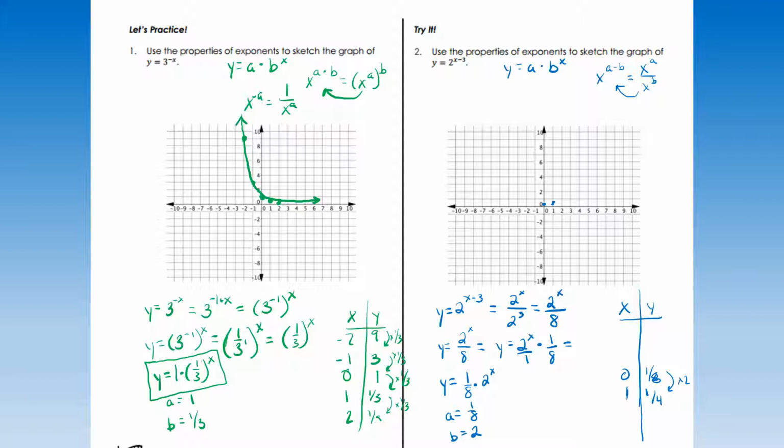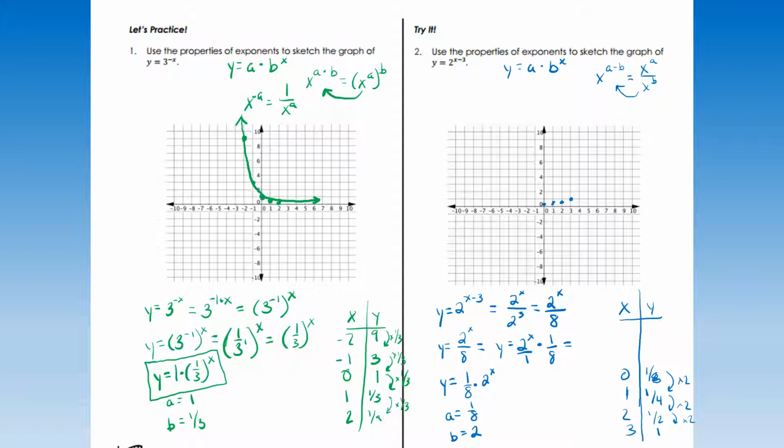To go to the next one, 1/4 times 2 would be 2/4 or 1/2. So 2 is here at 1/2. If I multiplied by 2 again, that would give me 2 over 2 or 1 whole. So 3 is 1.